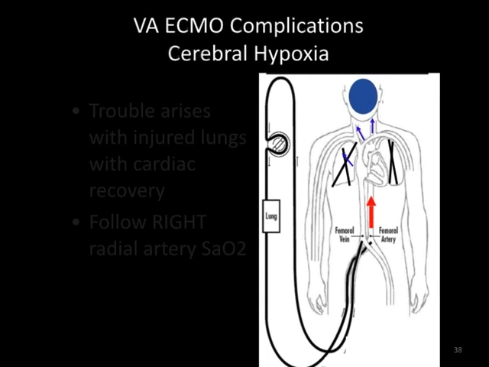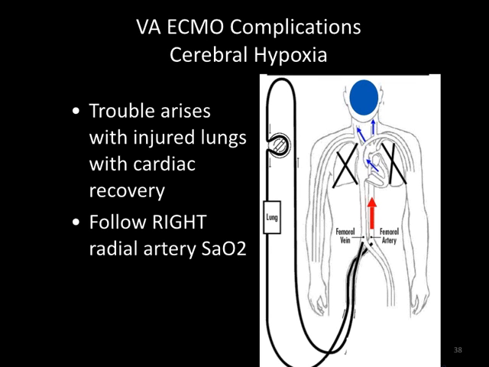But the problem comes if the heart starts to recover, but the lungs do not. What you then have is this phenomenon where you get blue blood being pumped out of the heart and bright red blood being pumped up the aorta. And somewhere they will meet. But unfortunately, that may be down here, right at the diaphragm. And so what you've done is perfused the brain with essentially hypoxemic blood and the rest of the body with appropriately oxygenated blood.